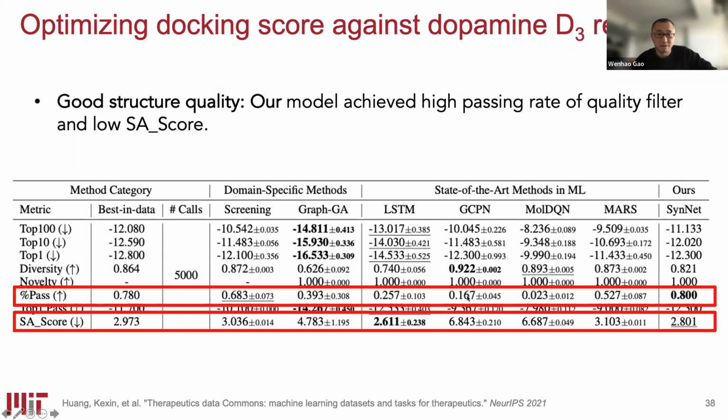And in terms of assay score, we also have a pretty low average score. All of this implies that our generated molecules have good structural quality and can be easily synthesized. Not to mention we have an actionable synthetic pathway as a byproduct.